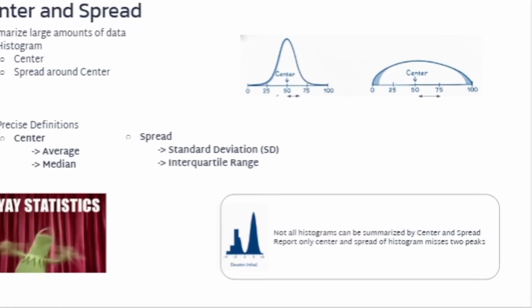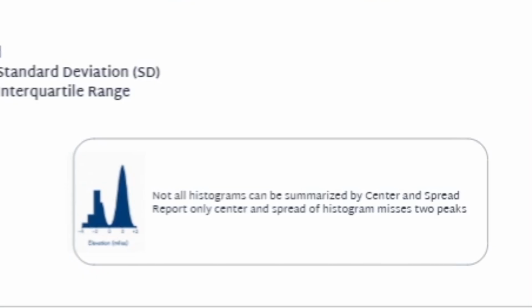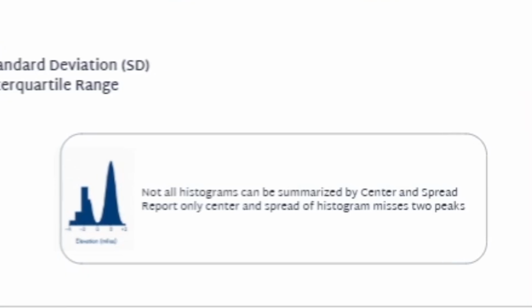Note that not all histograms can be summarized by the center and the spread. For example, in this figure you can see the distribution of the elevations over the Earth's surface, and the area under the histogram between 2 elevations gives you the percentage of Earth's surface area between those elevations.